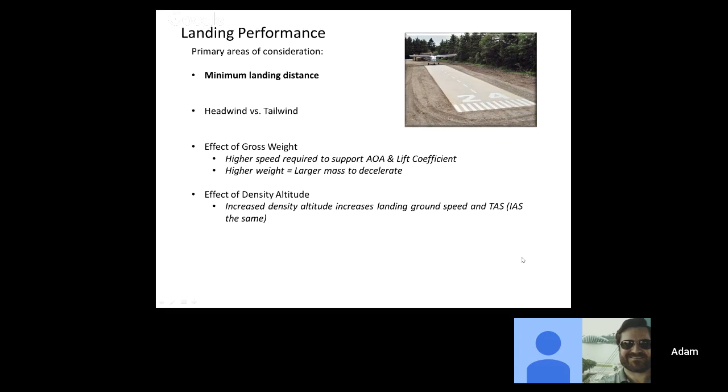So minimum landing distance will typically always be the value that you pay the most attention to. You always make sure that you've got enough takeoff distance to leave the airport that you're planning to land at.